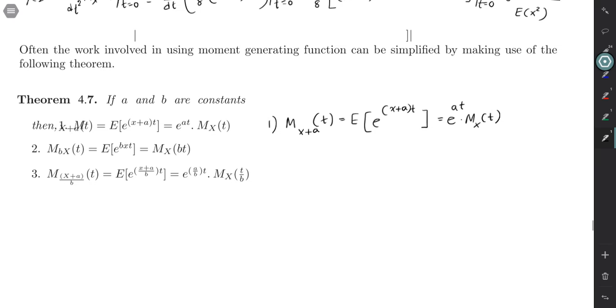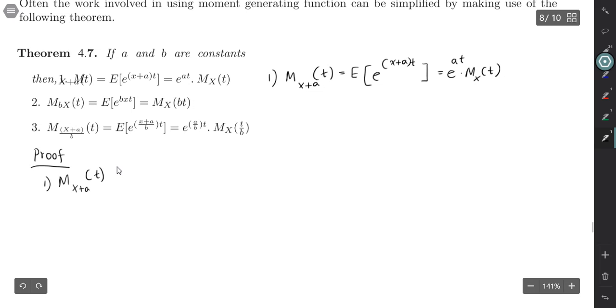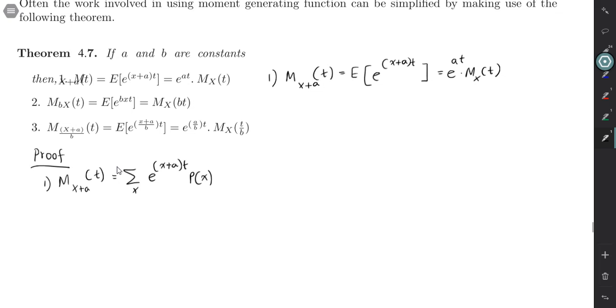Okay, let's try to prove these three expressions. Start with the first one. So we have M of X plus a, t. If you use the definition, this is the sum of e to the (x plus a) times t, p(x). I'm proving this for the discrete case, but if you want, you can replace the sum with integration and p(x) with f(x), and prove this for the continuous case.